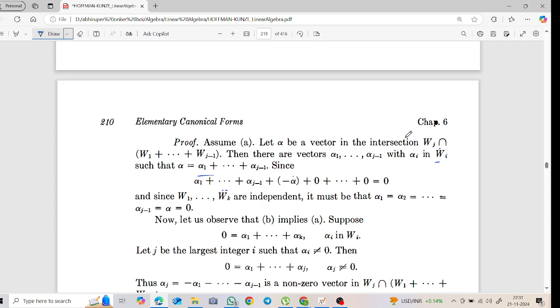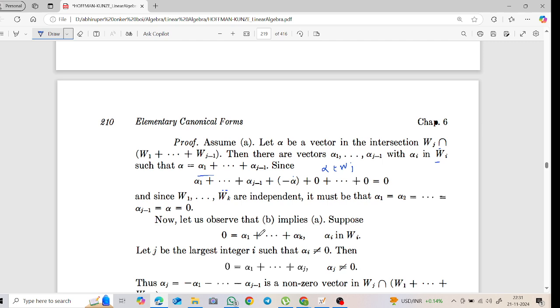Remember, since alpha is in the intersection, alpha belongs to Wj as well. But we know that this sum being 0 implies the individual vectors are 0, right? So alpha j, which equals alpha, is 0. Thus we get that this intersection is 0.